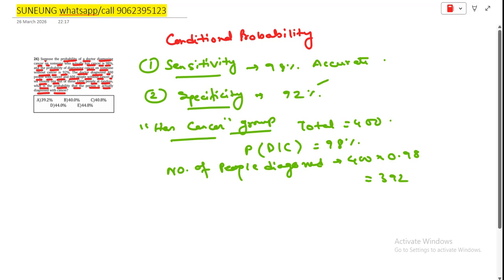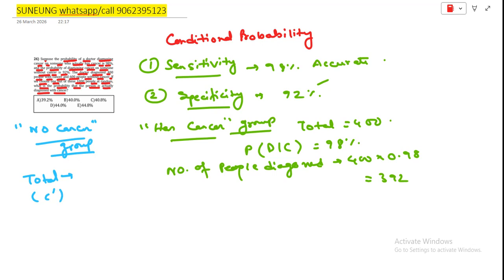Now the no cancer group. Total people who don't have cancer, that is C dash. This was C and this is D. Okay, so total is what? 600.